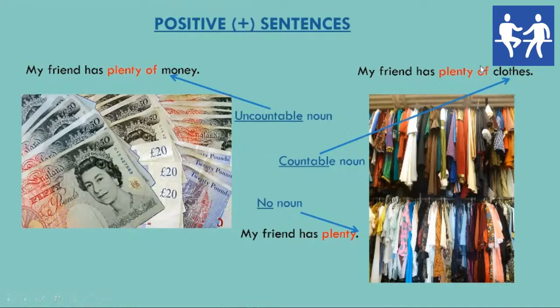So we don't need the of. Plenty is a synonym for lots of or a lot of. So it can simply mean that we have a large amount of something, but it has another meaning of its own. More than you need. So plenty can be used to say that you have more than you need.